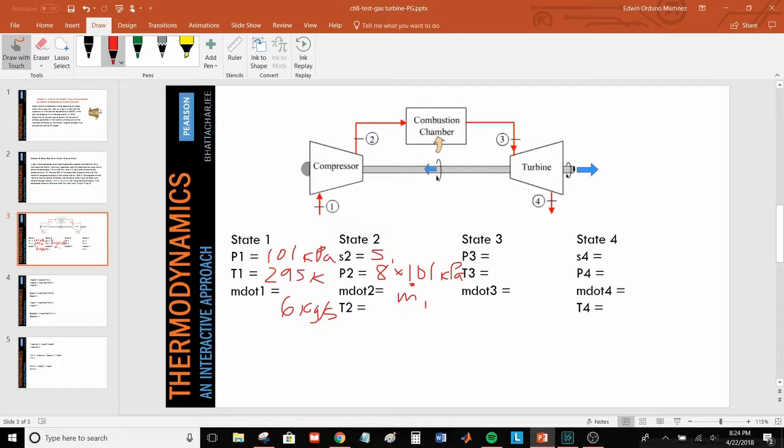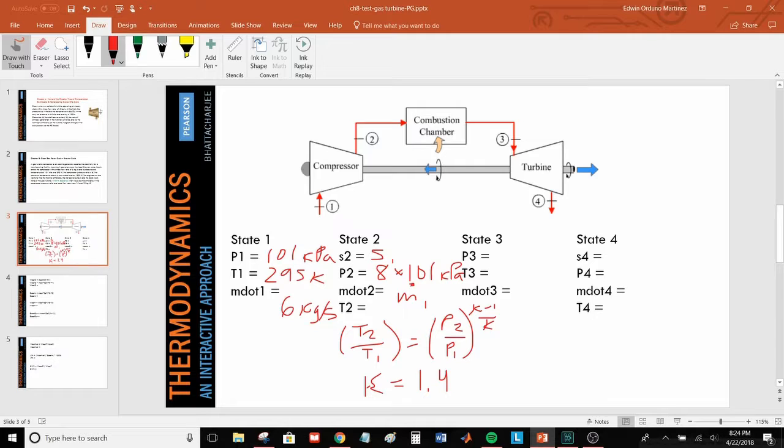as state 1. Temperature 2, we can solve for using the isentropic relationship. T2 over T1 is equal to P2 over P1 to the power of K minus 1 over K, where K is equal to 1.4 for air.